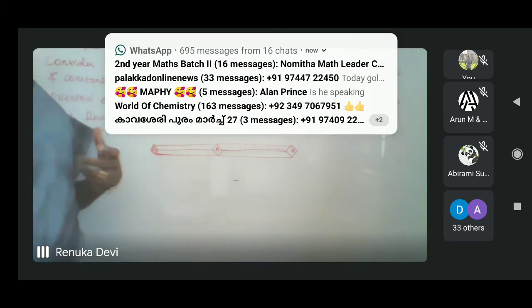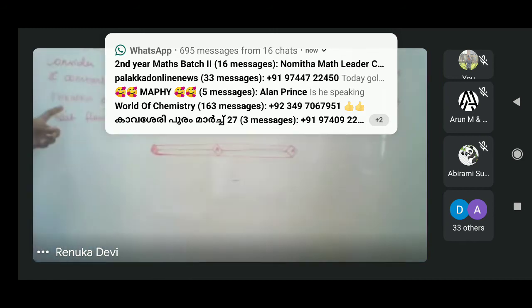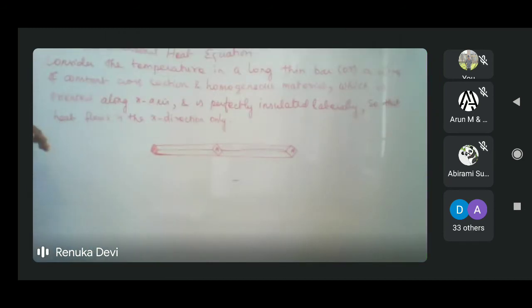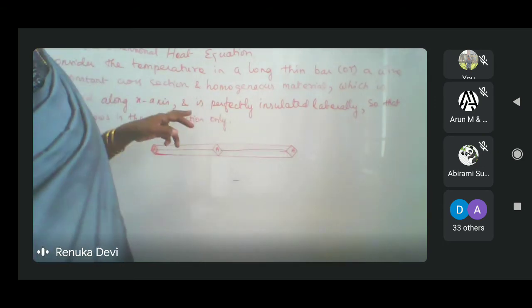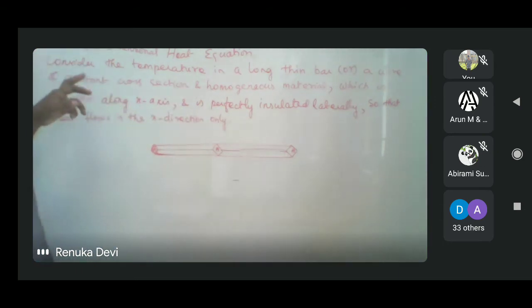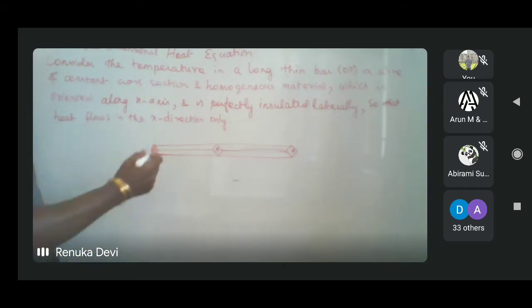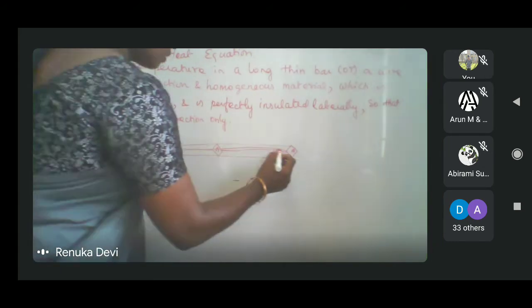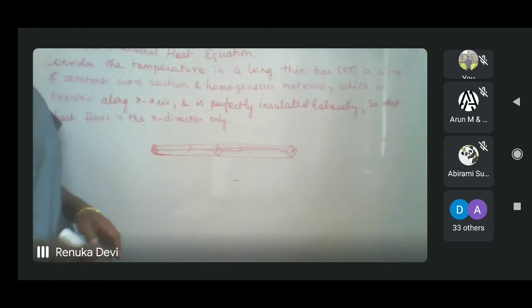I have already explained what a homogeneous material is, and which is oriented along the x-axis. That is, the wire is extended along the x-axis, and the temperature is passing along the x-axis like this, in the horizontal direction.